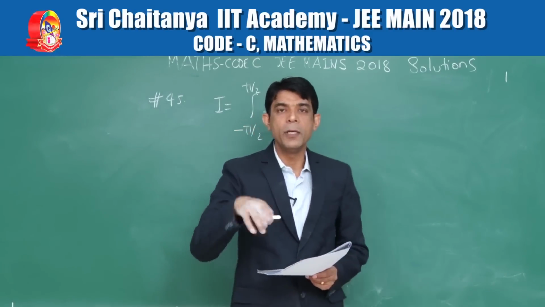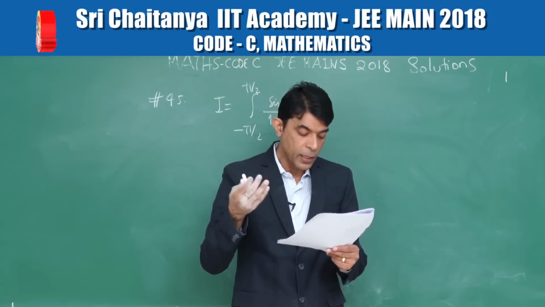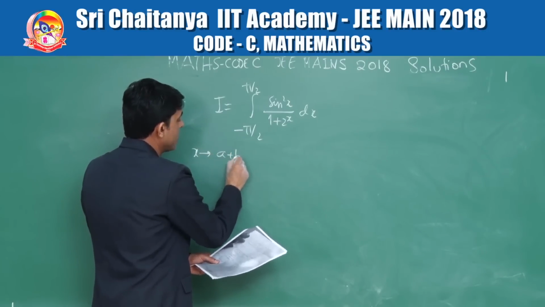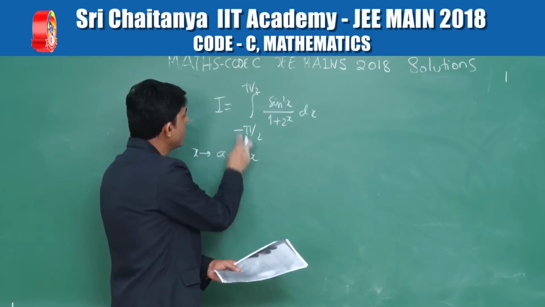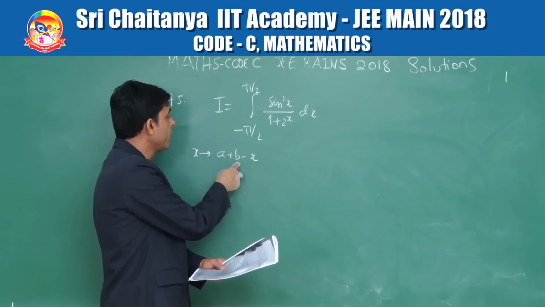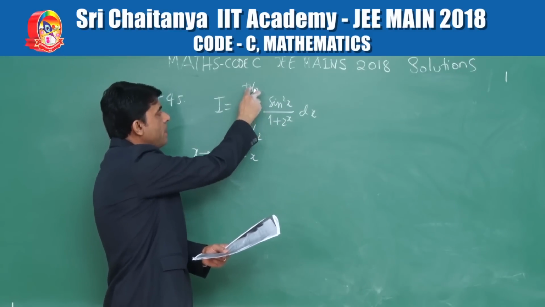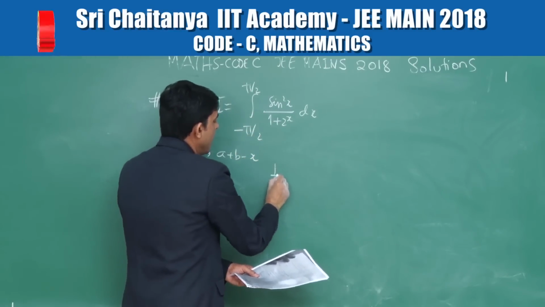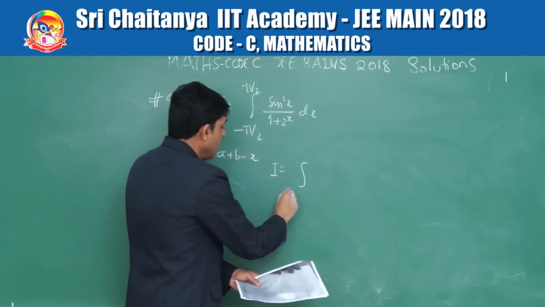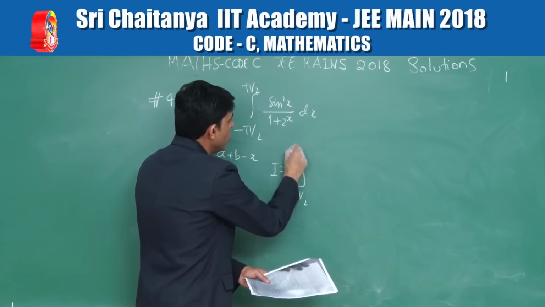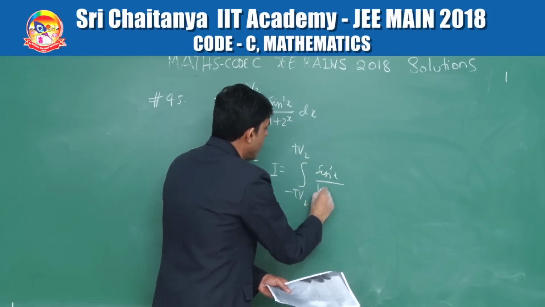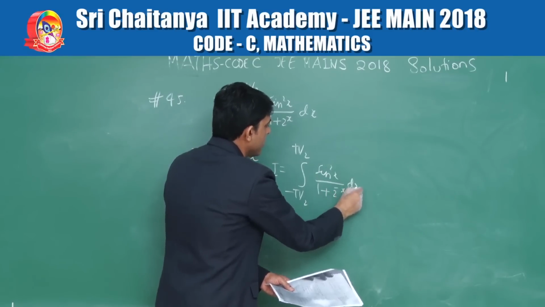We can use a quite famous property that lets you change x to a plus b minus x in a definite integral, where a and b are the lower and upper limits respectively. In this case, a plus b happens to be 0, and so I takes a much simpler form. It's like changing x to minus x, which gives the integral from minus pi by 2 to pi by 2 of sine square x over 1 plus 2 to the power minus x dx.